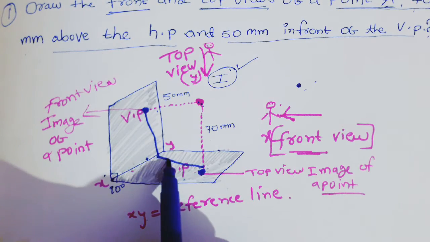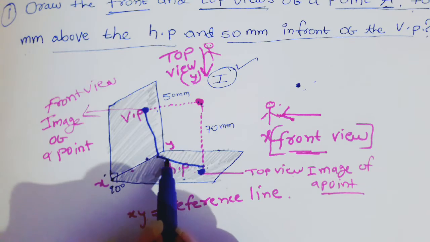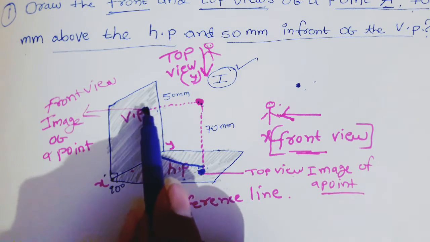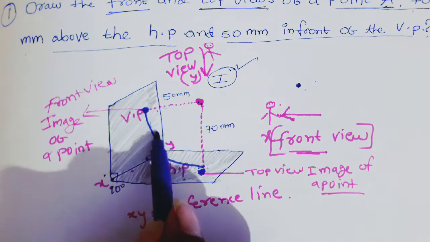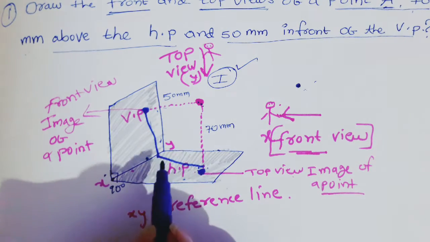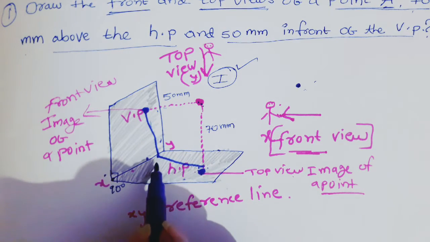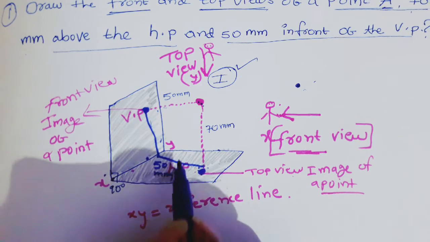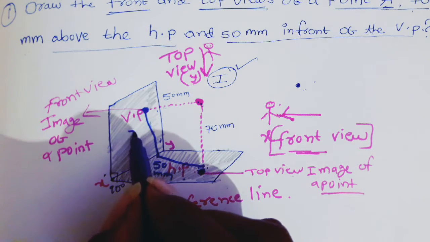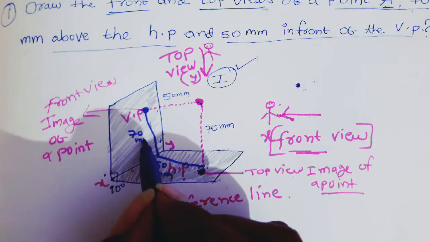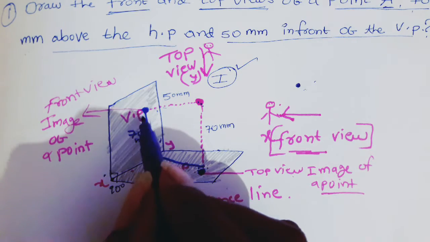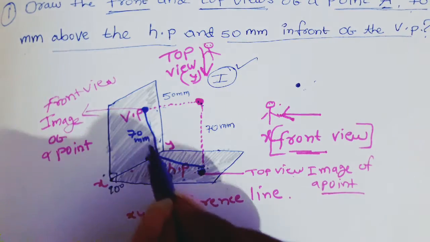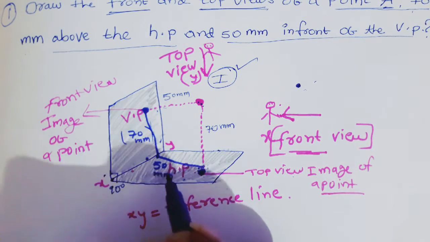The same distance is the reflection of this one. That means this also has the same dimension of 50 mm, and this also has the same dimension of 70 mm, which is the length from this position to XY.